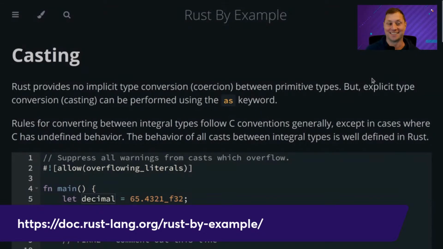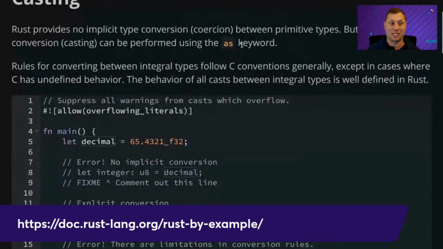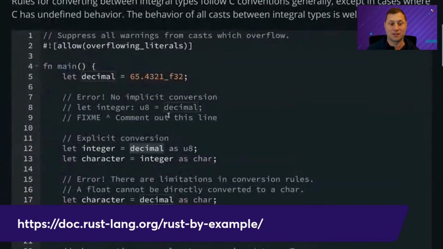Okay, let's start that again. There are multiple ways to cast between types, and the fastest way is with the as keyword. The problem that we've got is this looks like we are converting between an integer and decimal, but it turns out that decimal is a floating point number, F32, and Rust needs to be given more information about how to apply the conversion because it's got enough space for a new integer, but this is of type, it's only 1 byte wide, but we're giving it a type that is 4 bytes wide.